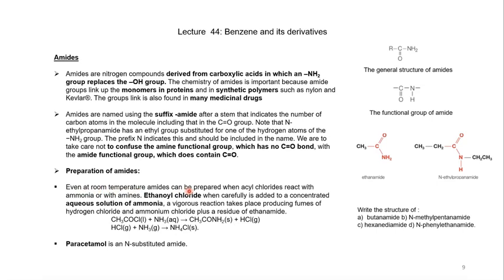So if we take ethanoyl chloride carefully and add concentrated aqueous ammonia solution, we get a vigorous reaction, producing fumes of hydrogen chloride, ammonium chloride, and then a residual ethanamide.